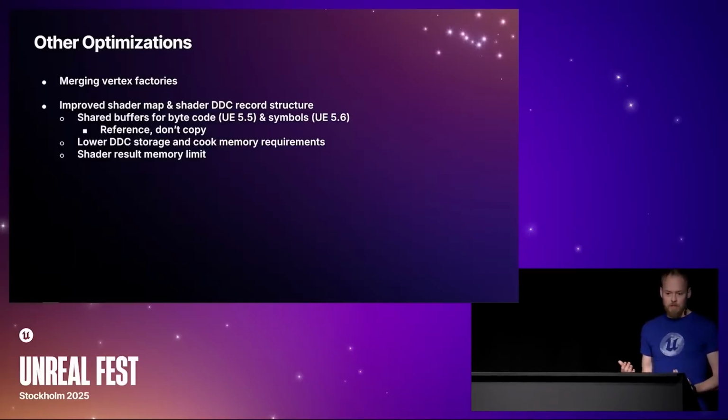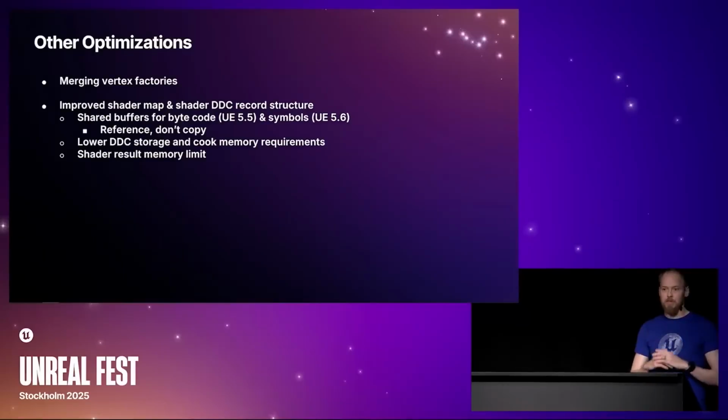So effectively, it introduced a nice hard memory limit on how much shader output data we store in memory during a cook. If we exceed the limit, we just evict things. If we need those things later, we have them in DDC, so we just retrieve them again. So the eviction is not really that impactful, and we didn't notice any problems from doing that. It's good to have a fixed memory limit for shader compilation, which we never had before.